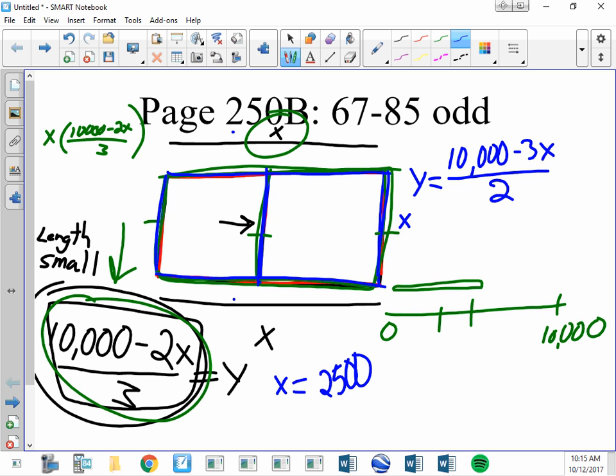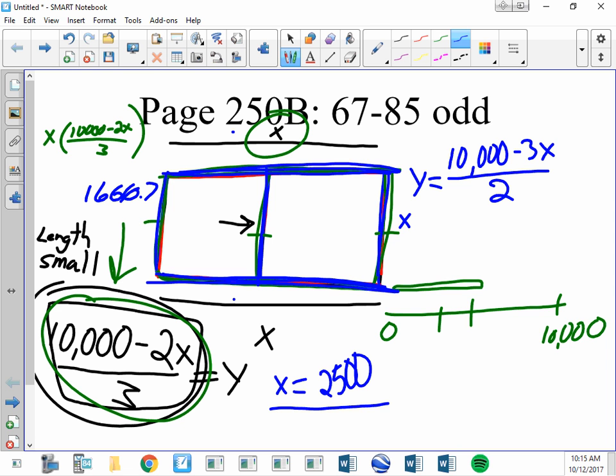So we have 10,000 feet of fencing. We found out that x is 2,500. So the top is 2,500 and the bottom is 2,500. That's 5,000 feet. So what is 5,000 over 3? 666.7.